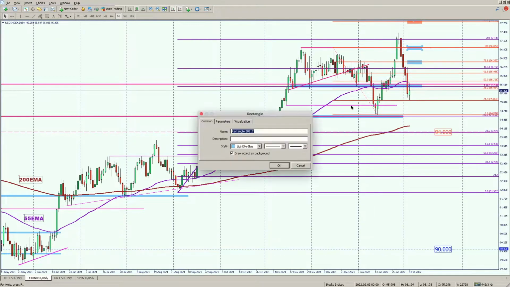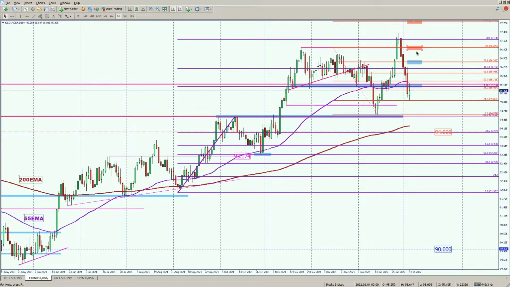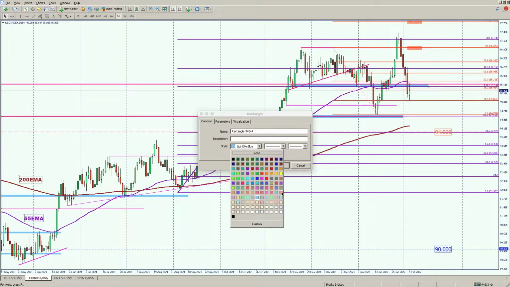So this is going to be resistance now. Let's take this one out. This zone is resistance as well.